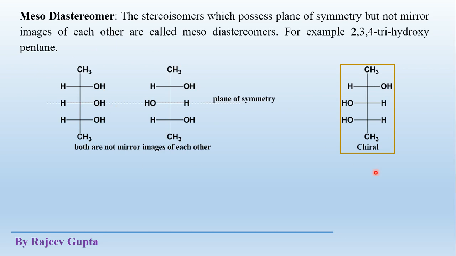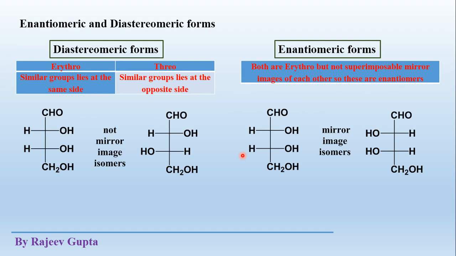So these are also examples of molecules which have more than one chiral center. Here are examples of 3 chiral centers. Now, enantiomeric and diastereomeric relations between these forms which contain more than 2 chiral centers. First we see diastereomeric forms. So what will be the definition of diastereomers?